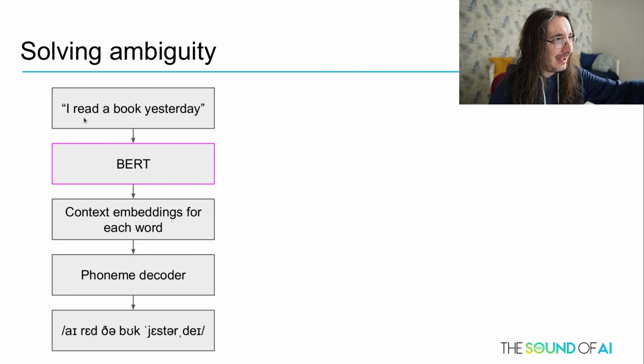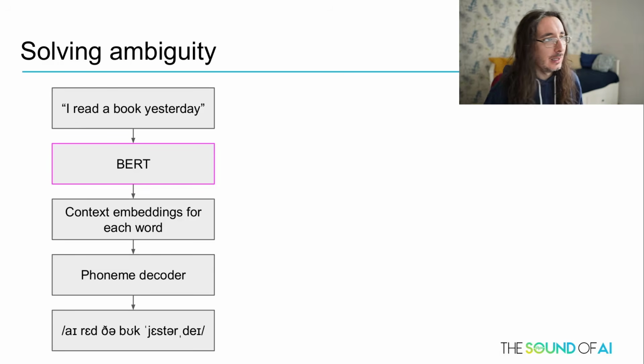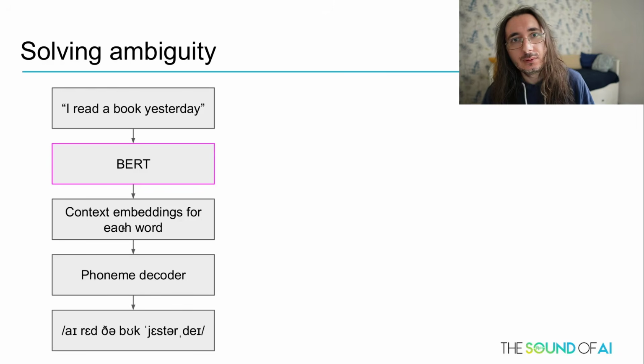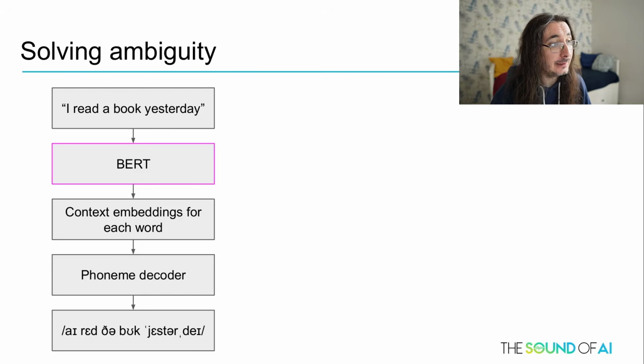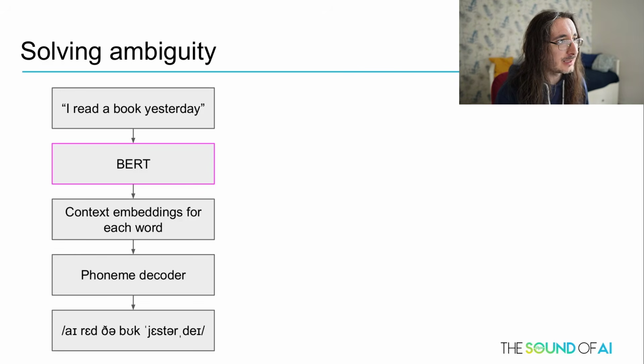We have the initial sentence, we pass it through BERT or any other pre-trained language model, then we extract the context embeddings for each word and pass that through the phoneme decoder, and hopefully we get a correct phonetic transcription of the original spelled sentence.